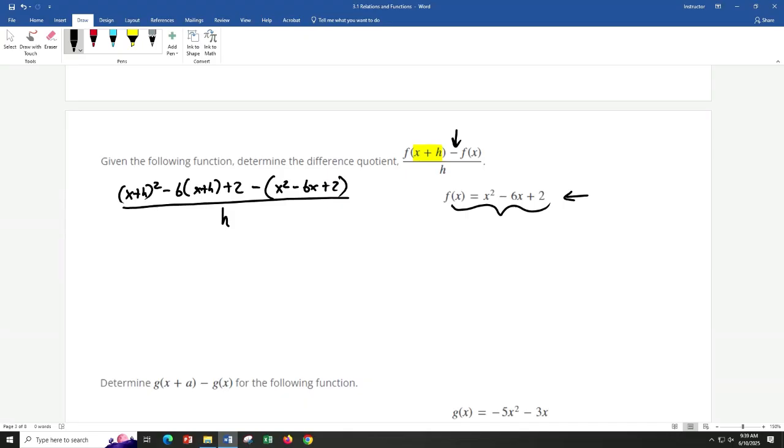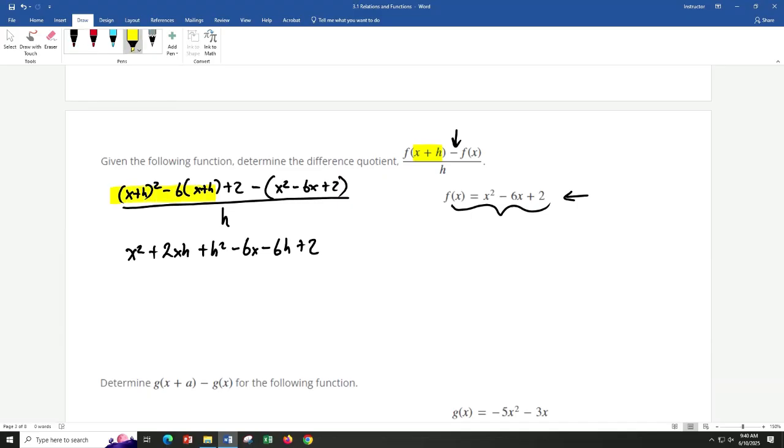When I FOIL everything and distribute, because that's all I'm doing right now, I'm going to get this: x squared plus 2xh plus h squared minus 6x minus 6h plus 2.